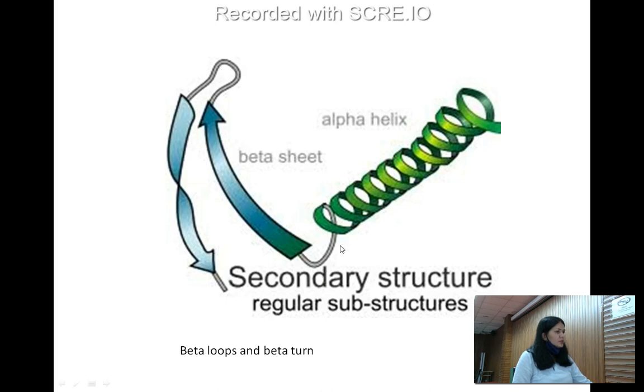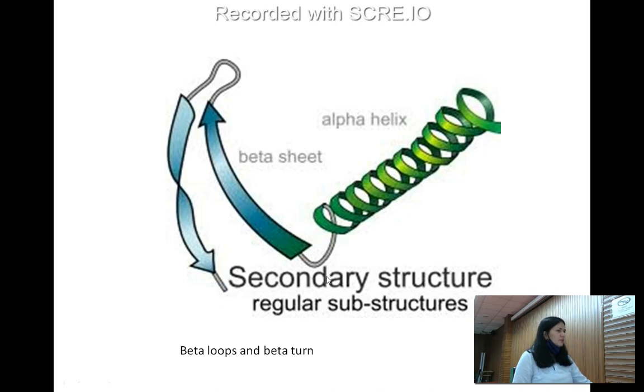Then this is another type of secondary structure, which is known as the beta turn. Beta turns also connect two anti-parallel beta sheets, or they connect a beta sheet with an alpha helix. They are usually made up of proline and glycine.